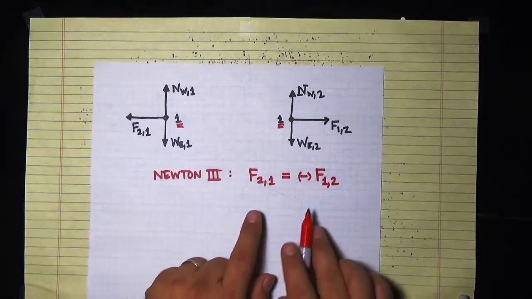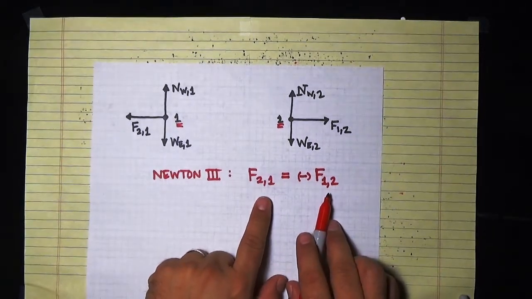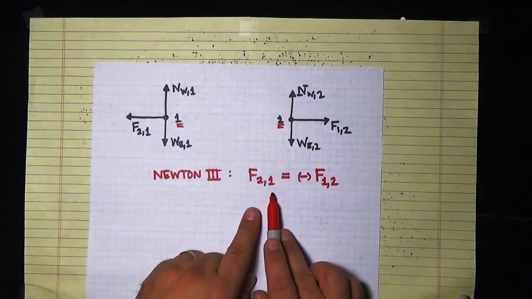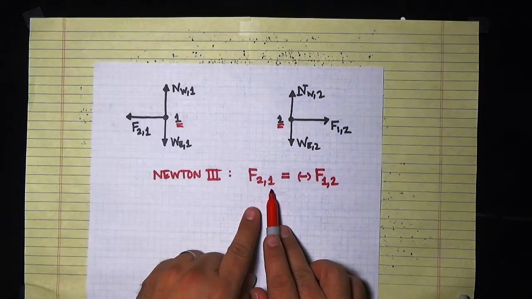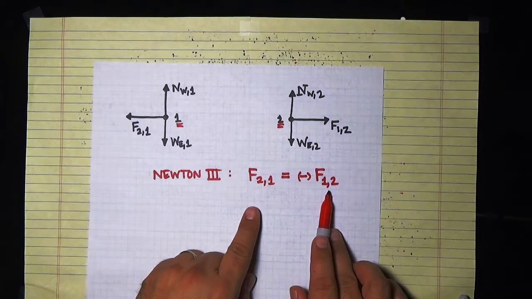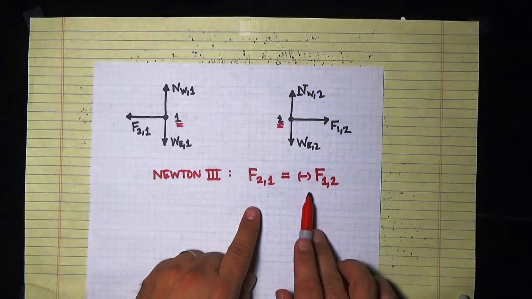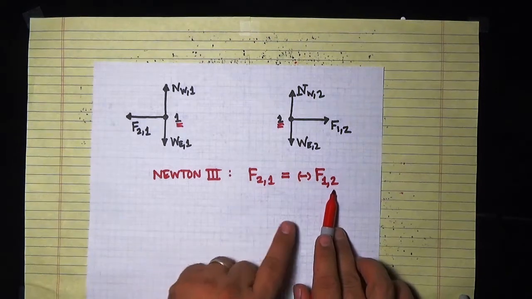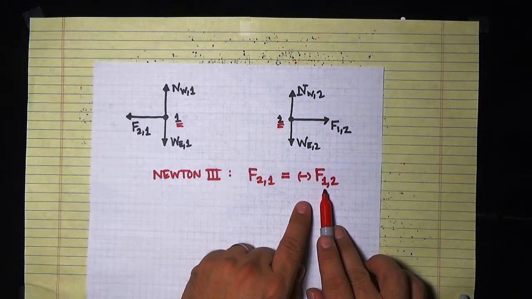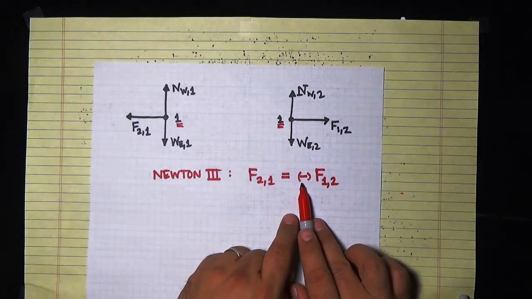You'll see here the index structure and why it's useful. The Newton third law pair to this force on the free body diagram for canoe 1 is exactly the same force with the indices reversed. If I reverse these two indices, I'm looking for a force on canoe 2 that came from canoe 1 and points in the opposite direction.